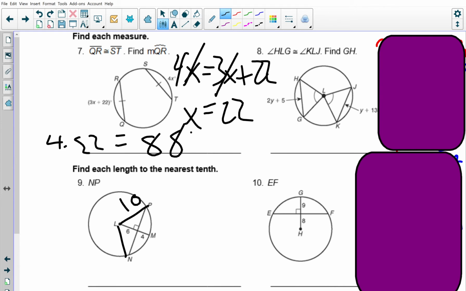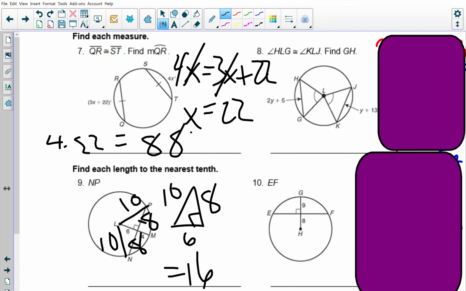So that's got to be 10. That's got to be 10. We know that these have to be equal in measure, and you see a triangle there that's 10, 6. This has to be 8 because it's a 3, 4, 5 scaled right triangle. Therefore, NP is 8 and 8, which is 16.